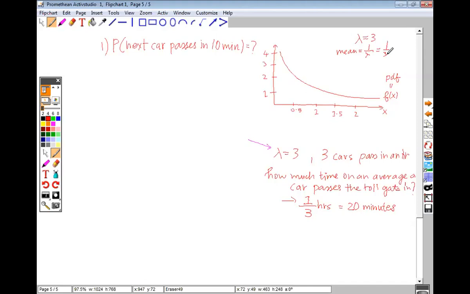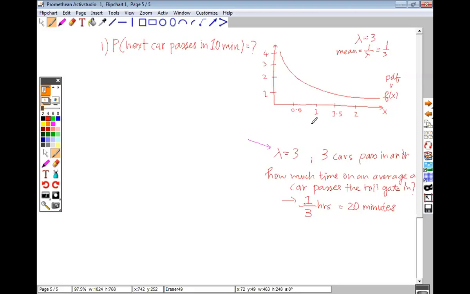So again, coming back to the question that we have, I am posing another question now. We have to figure out the probability that the next car passes in 10 minutes. If I have to plot the area here, how will it look like?